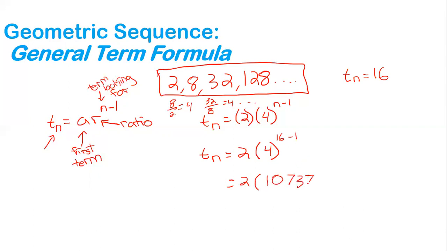So this is 4 to the power of 15. And now we're simply going to multiply by 2. And this would be our 16th term in our sequence.